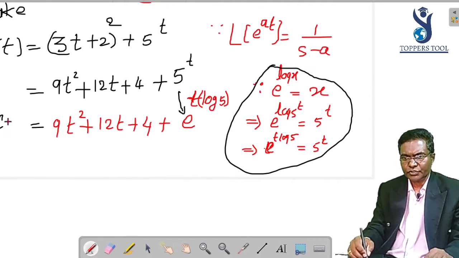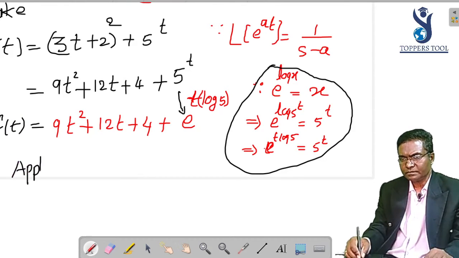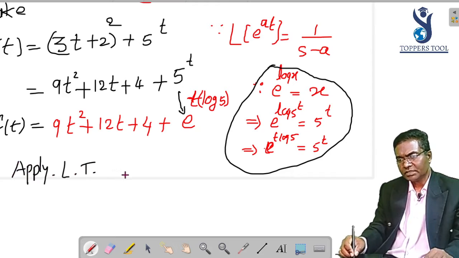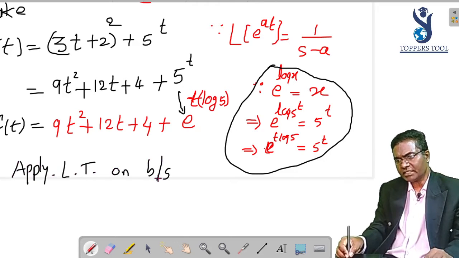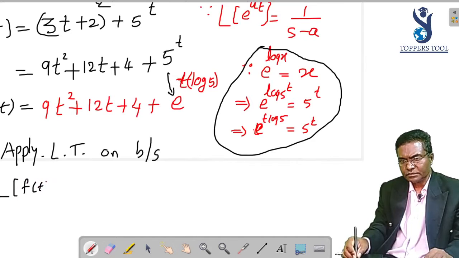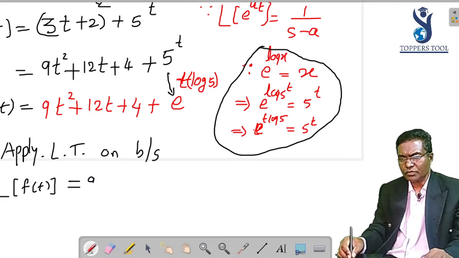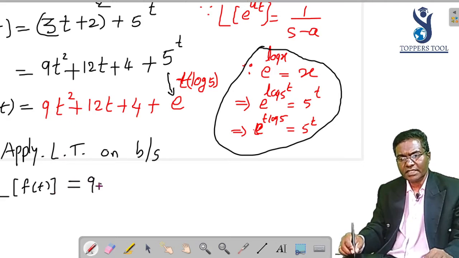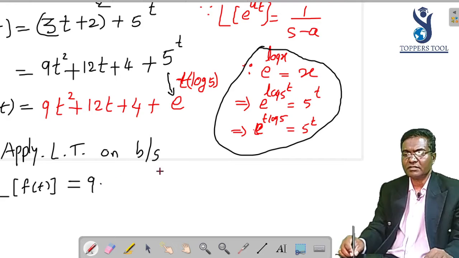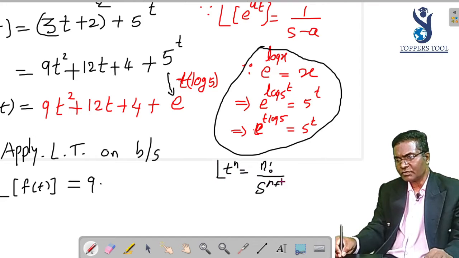Okay, this is your f of t. Now apply Laplace transform on both sides. So L of f of t is 9 into Laplace transform of t square. I mentioned earlier, Laplace transform of t power n is n factorial by s power n plus 1.